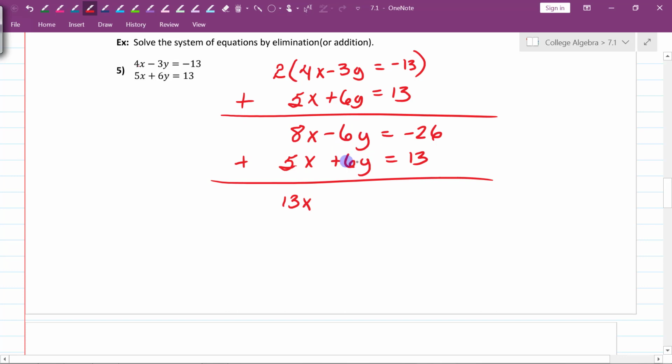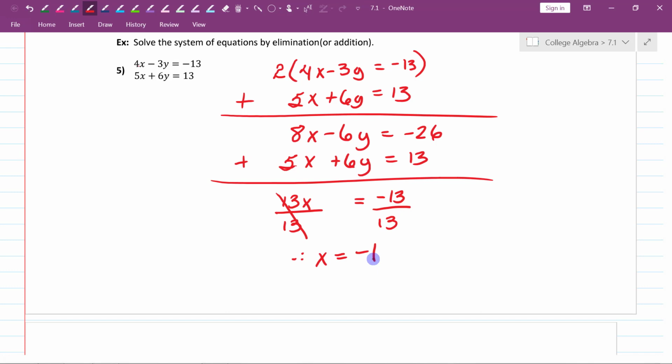So now I've eliminated my y, and that is going to be equal to negative 26 plus 13, and that is going to give me a negative 13. I'm solving for x, and in order to do that, I'm going to divide through by 13. What I do to one side, I do to the other, and therefore x is equal to negative 1. Now that I know x equals negative 1, I can substitute it back into an original equation and solve for y. So let's substitute it back into the second equation.